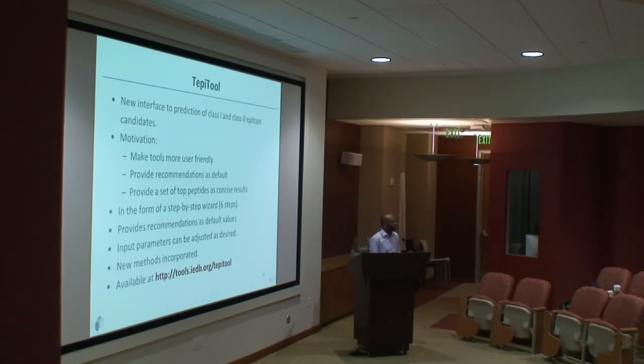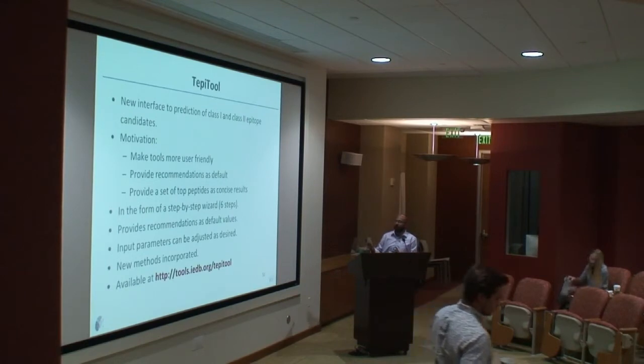Sometimes users get confused about what threshold to use and how to select the binder, so we provide the recommended values as a default. At the end, you will get the selected top peptides based on your input parameters. You will also get the complete prediction, but ultimately a concise set of results so that you don't get confused with all the prediction results.